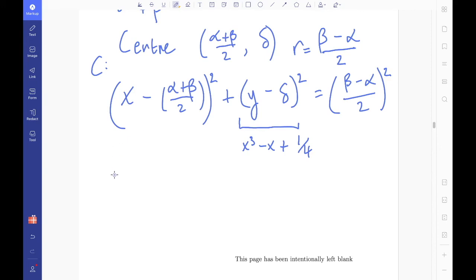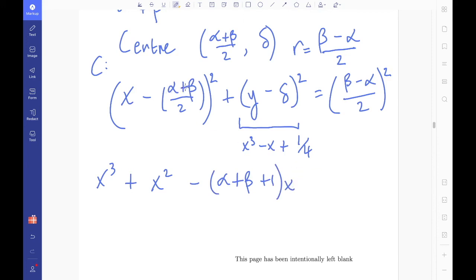Let's expand this and see what we get then. So we get x cubed from this bit here, plus x squared, and then we've got to square this bracket out. So we're going to have minus (alpha plus beta plus 1) x for my x term.